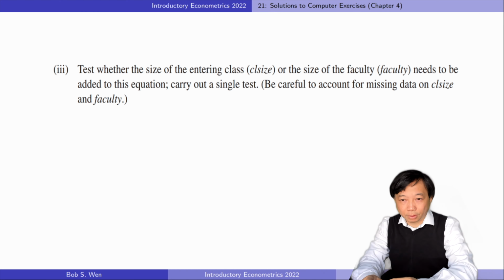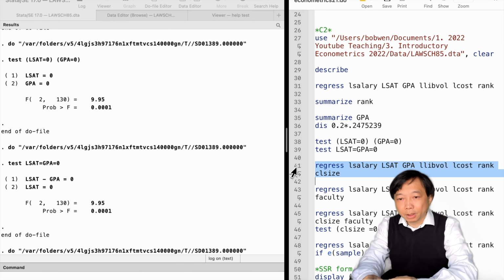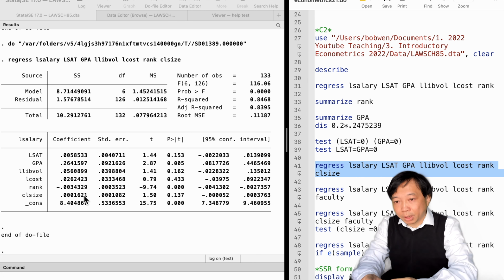The third question is also about the individual and the joint significance tests. We add the size of the entering class as an additional explanatory variable, and we find that the t statistic is so small that we cannot reject the null hypothesis at any conventional level, that it has no significant effect on the salary after controlling for the other variables.